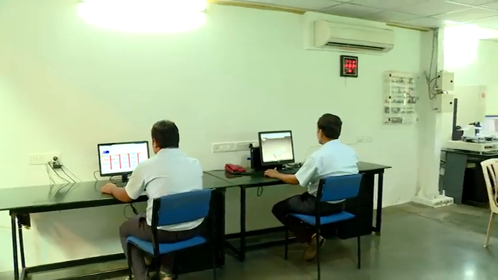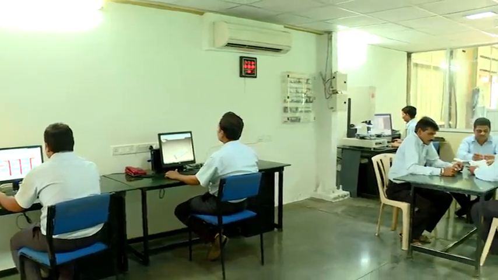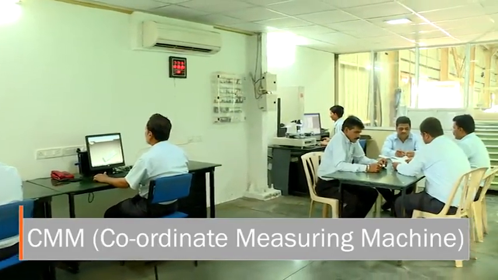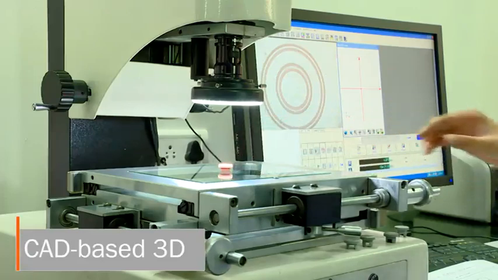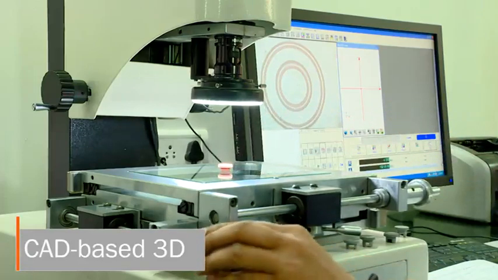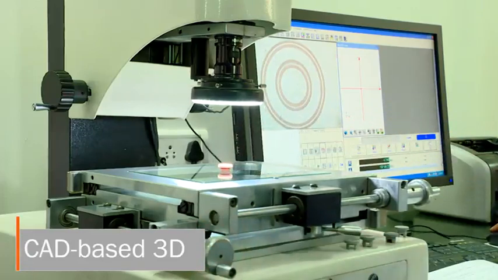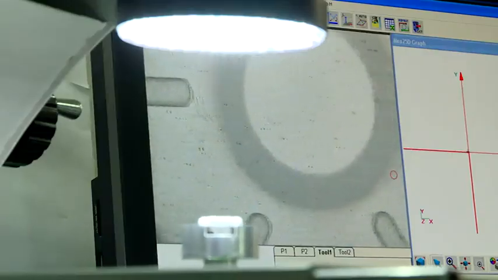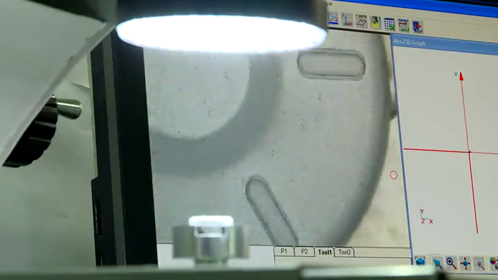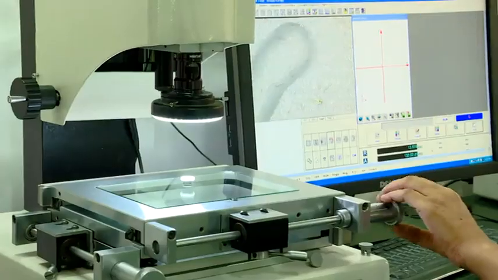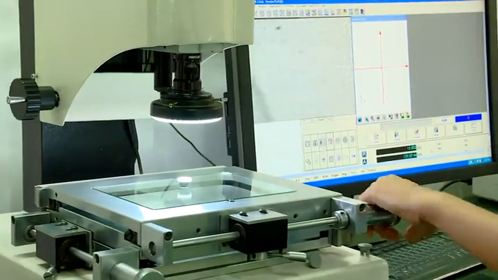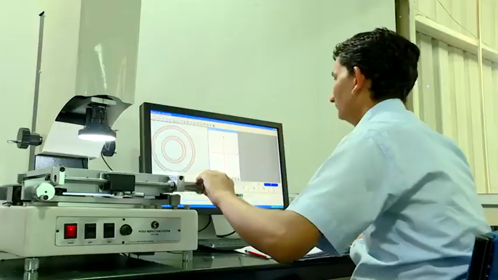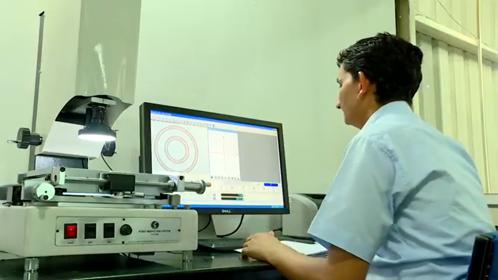The process starts with the use of a coordinate measuring machine or CMM being used for CAD-based 3D inspections and implementation of geometric dimensioning. Equipped with a high-resolution camera for automatic edge detection, this high-technology video inspection machine eliminates human error and provides absolute accuracy and repeatability for high tolerance.